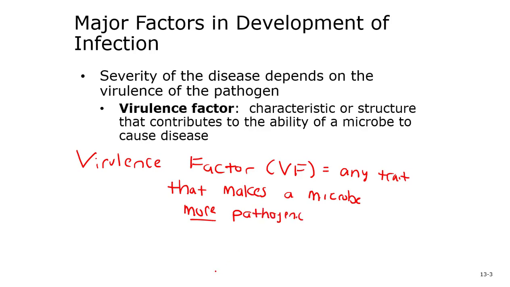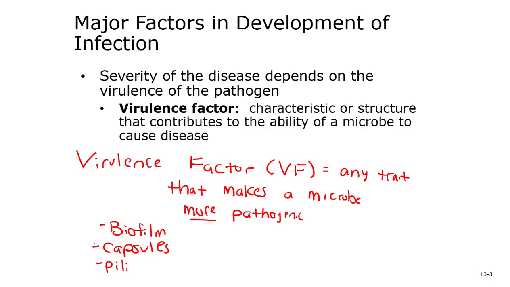And there are so many things that could make a pathogen more dangerous. So any of the things we've talked about already, like forming a biofilm, which allows the pathogens to be sticky and to stick to the linings in the human body. Capsules, which allow the microbe to hide out from phagocytes in the human body.